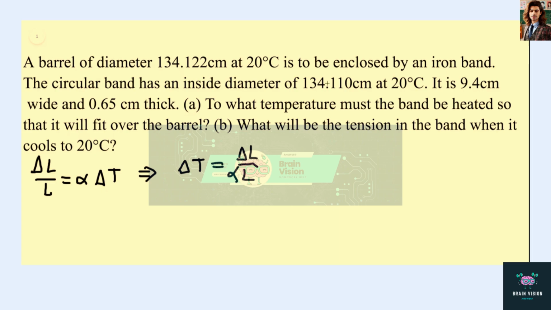Delta L is simply 134.122 subtract 134.11, and our length L is simply our original length.